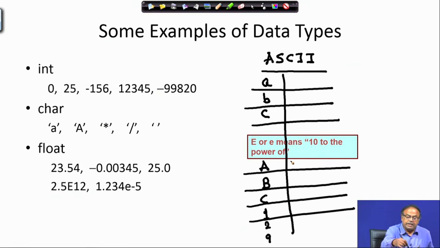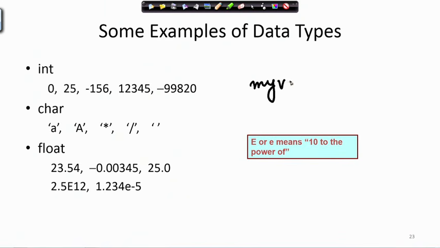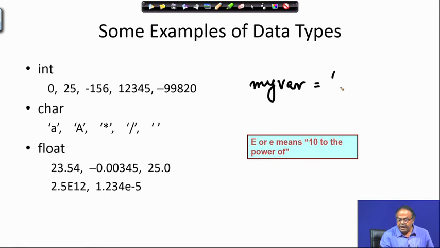Whenever I assign some value to a variable, for example my var assigned A, it means that my var will now have the ASCII code of A.